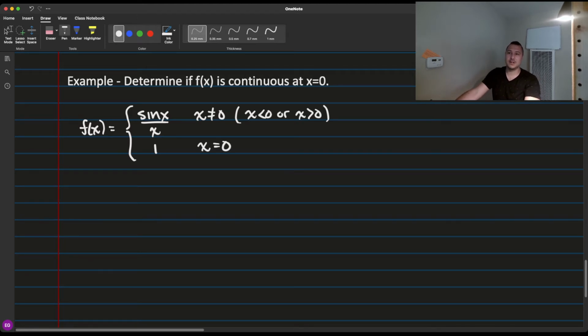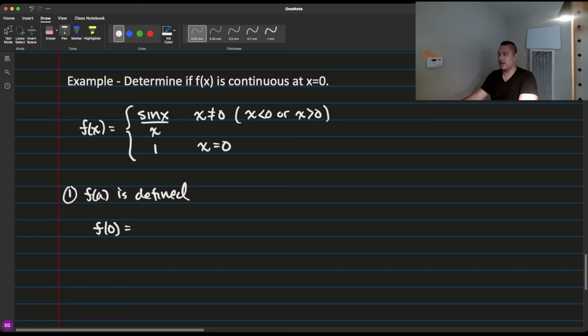Notice we're talking about the continuity at 0, and that's where the piecewise function switches between the two things. Okay, so you go through the list. Is f of a defined? Well, you're interested at 0. Is f of 0 defined? Yes, it's equal to 1 by the second line of the piecewise function. When x is 0, it's equal to 1. So criteria 1, good.